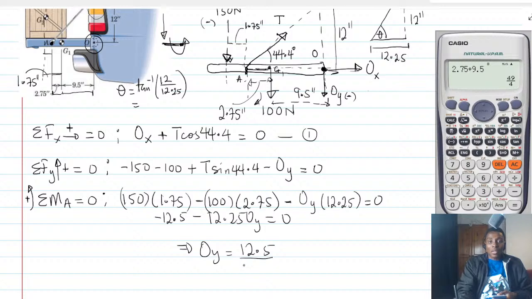Then we divide by 12.25. So what is 12.5 divided by 12.25? In fact that is going to be 1.02 newtons. Alright.